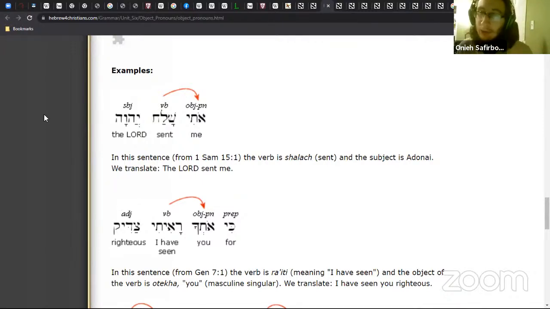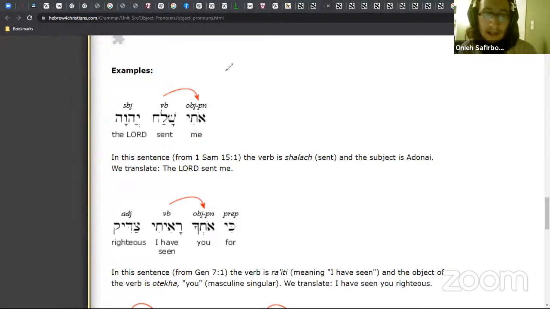Now, the in Hebrew is signified by adding a hey at the beginning. The letter hey is this letter right here. This is hey.